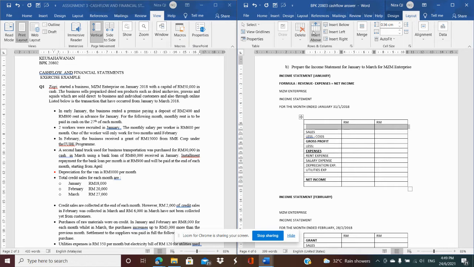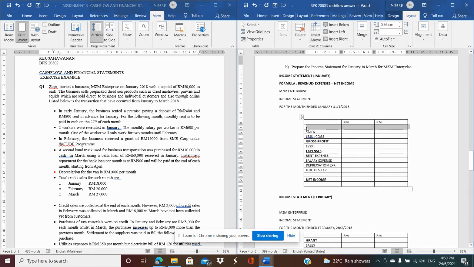And if the organization has any other premises that it rents out, that is a non-operating income, because that is not the main activity of the company, but it has income from rent, and this comes from its non-operating activities.